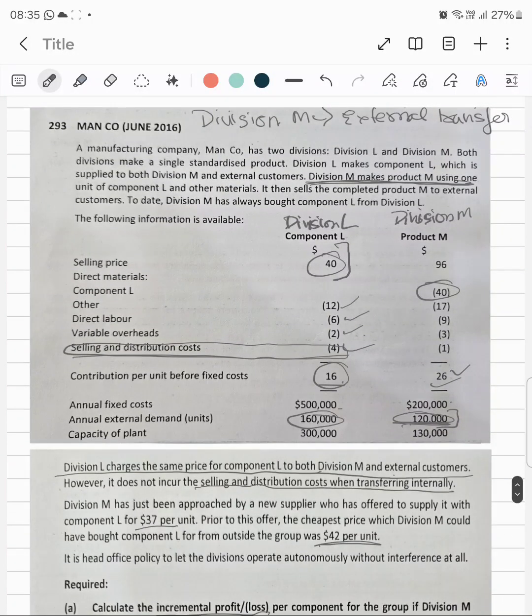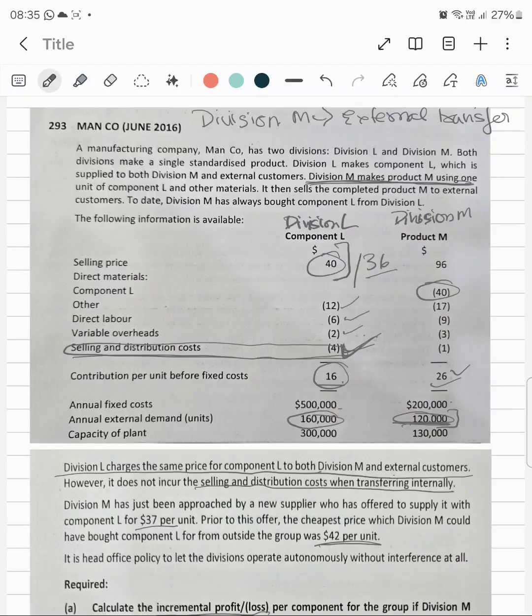So instead of 40, the selling price can be 36 if this selling and distribution cost of 4 is included. So this will benefit the group as a whole, and this will help in maximizing the profit. So it still makes the same profit on these sales as on its external sales. This would be the suggested transfer price.